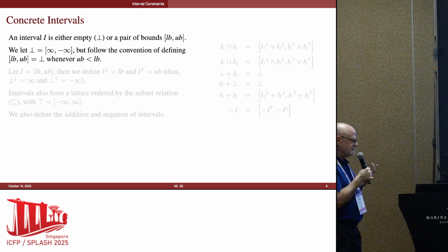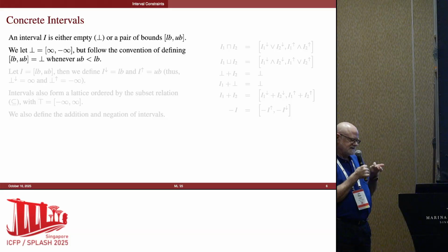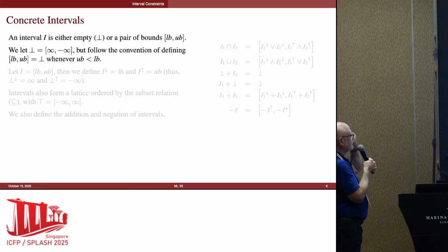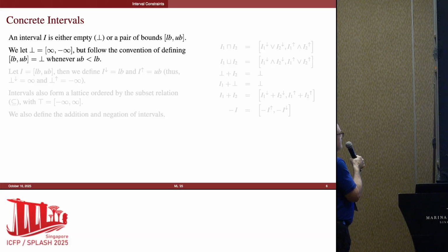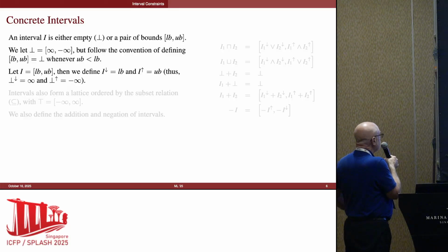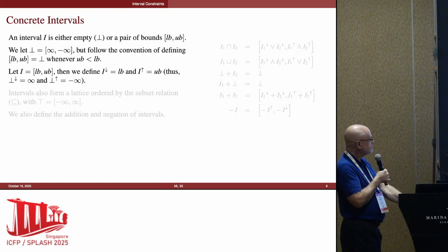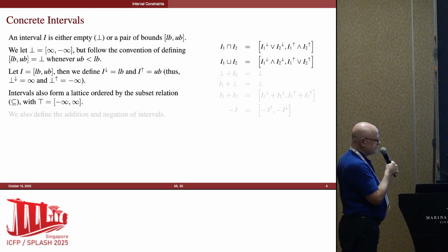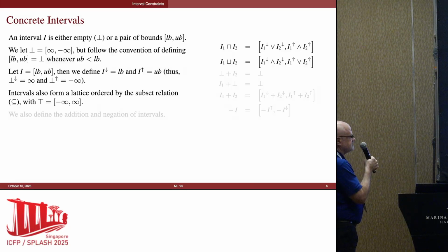But in fact, it's useful to specify that if you construct an interval where the lower bound is greater than the upper bound, that's the empty interval. We also have this notation: I down arrow is the lower bound, I up arrow is the upper bound. So the intervals form a lattice as well, and we can order it by subset. You can think of intervals as just sets of integers.